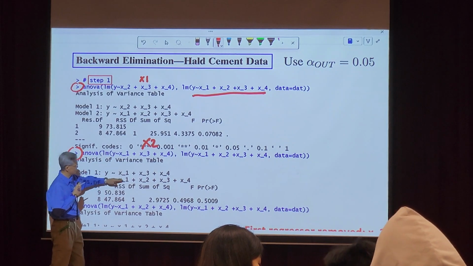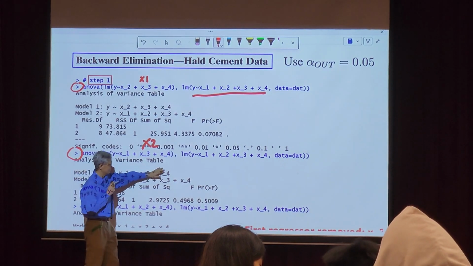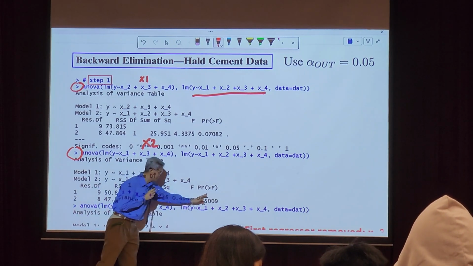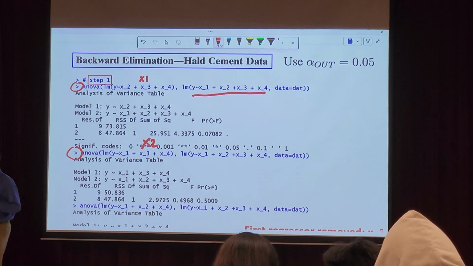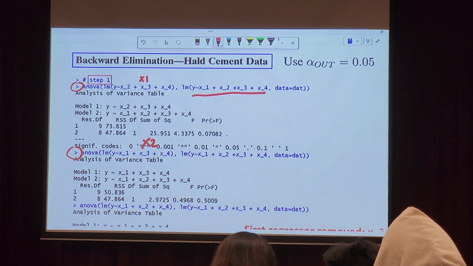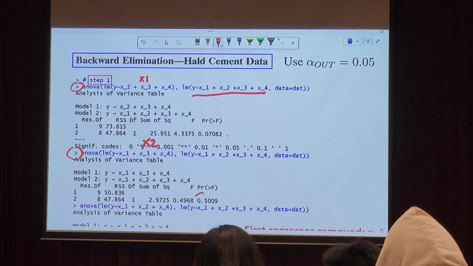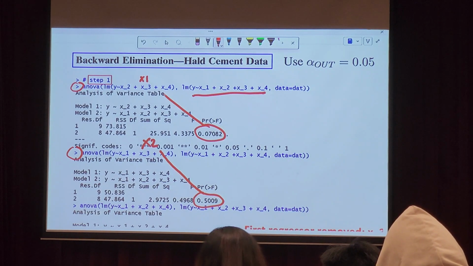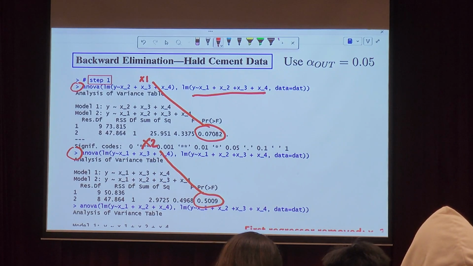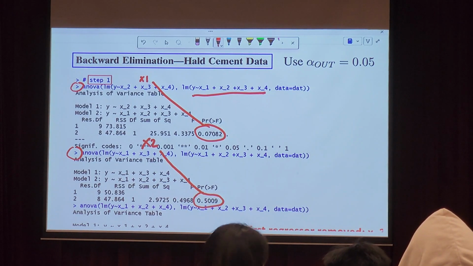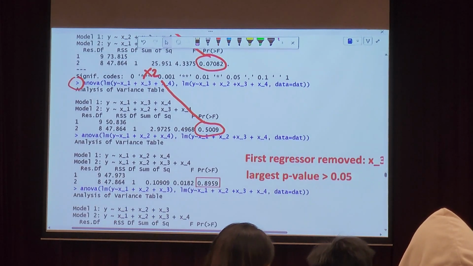If you compare these two, x2 is here, but not here, and the p-value reflects the contribution of x2. In fact, x2 is even worse. X2 has a very large p-value, 0.509. Also, we can kick it out from the model because it's not too useful.